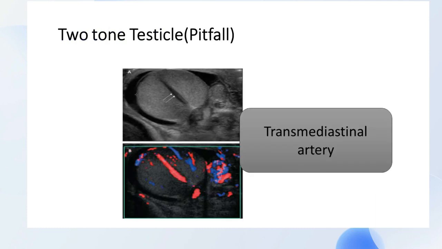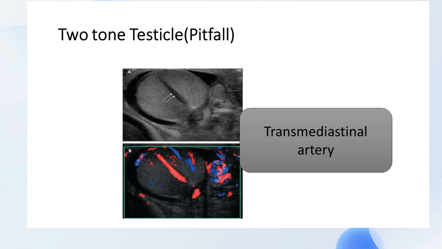There is another major pitfall that we come across. Most radiographers and sonographers think that when they see this, the testicle is fractured. No, this is not a fracture. It's called a two-tone testicle, due to the transmediastinal artery, because the artery carries blood.